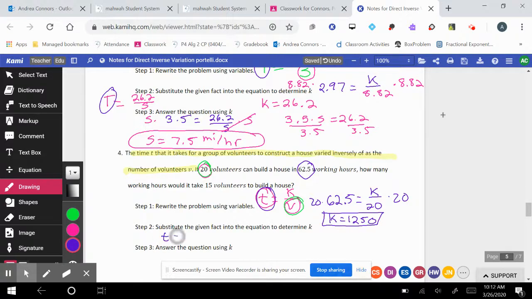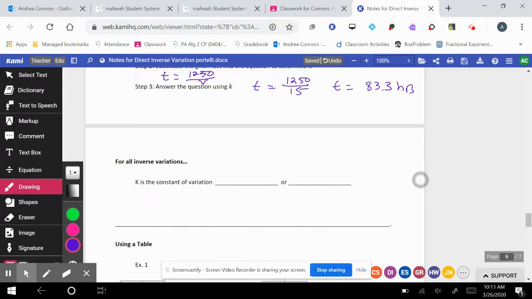So you have T is equal to 125 divided by V. And now we're going to plug in 15 for V and solve for T. You just do 125 divided by 15 volunteers, which is the time it's going to take, 8.33 hours, which would make sense because again, it's fewer volunteers, so it should take more time.